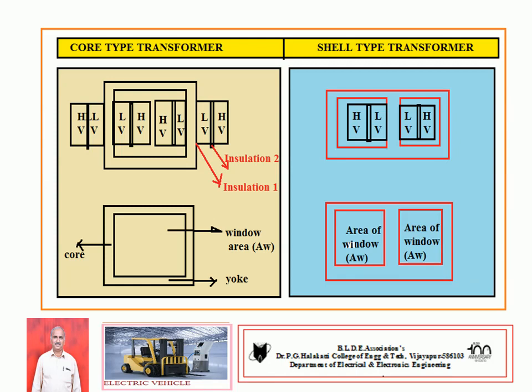Similarly, in the shell type of transformer, it carries two windows, but in one window it carries 1 LV winding and 1 HV winding. Hence, the output equation remains the same for core type or shell type in case of a single phase transformer.